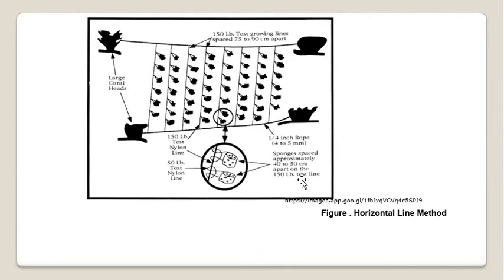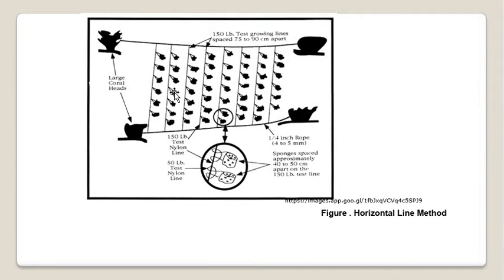Sponges are spaced approximately 40 to 50 centimeter apart on the 150 lb test line. Okay, so this measurement is given in this horizontal line method. Let's move ahead and see what is the next method of sponge culture.